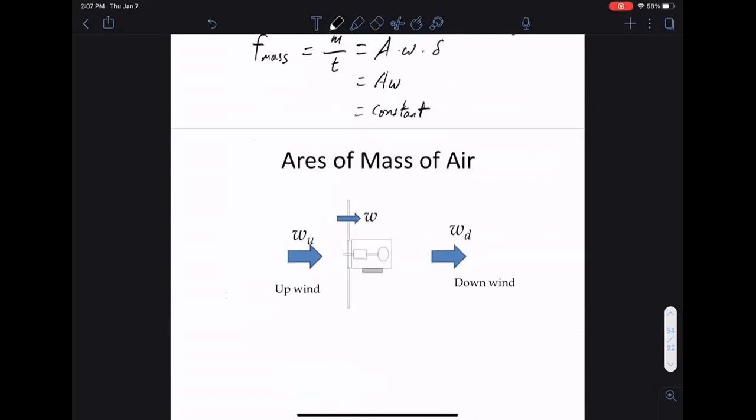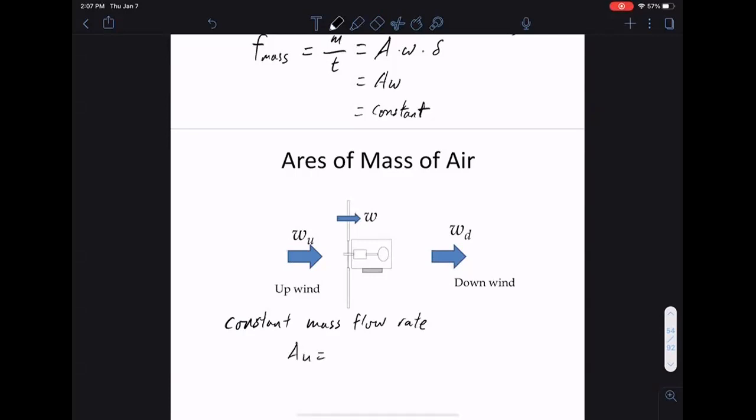So what we know is, if you look at this mass flow, this is constant. Constant mass flow rate.